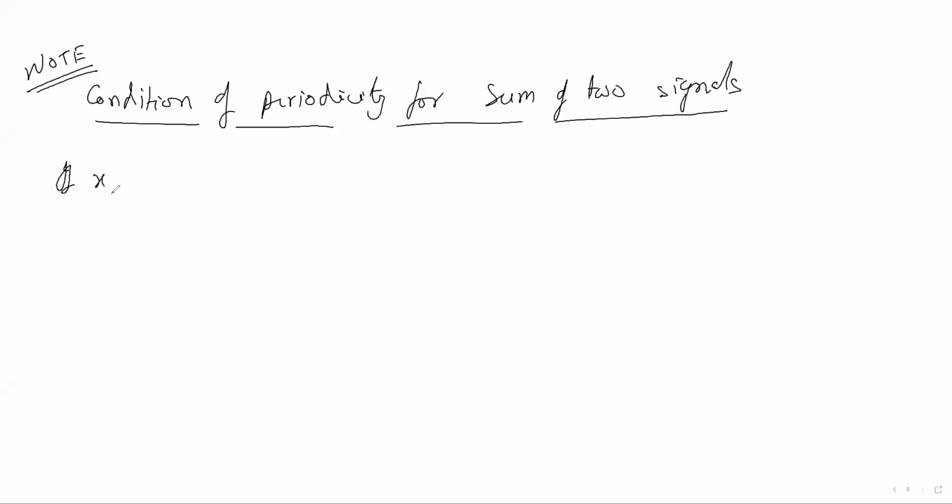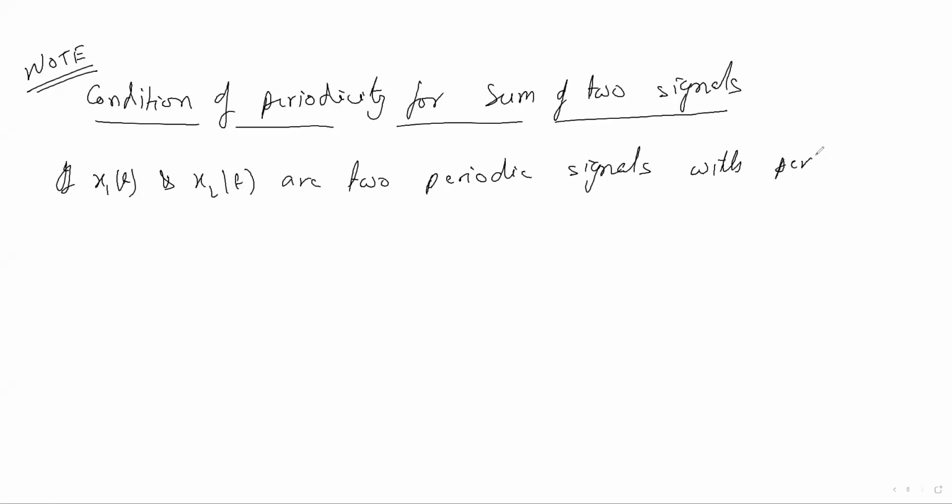Suppose x1 of t and x2 of t are two periodic signals with periods T1 and T2 respectively. Then the signal will be periodic.